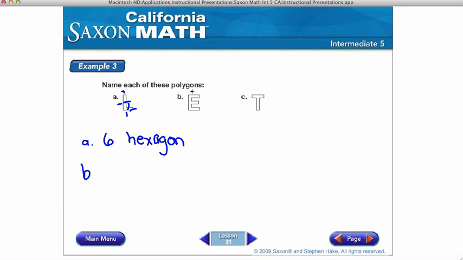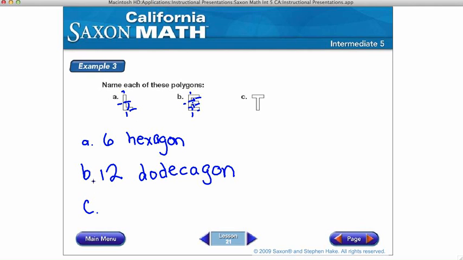B has 1, 2, 3, 4, 5, 6, 7, 8, 9, 10, 11, 12 sides. And for 12, we call that a dodecagon. 12 sides is a dodecagon.